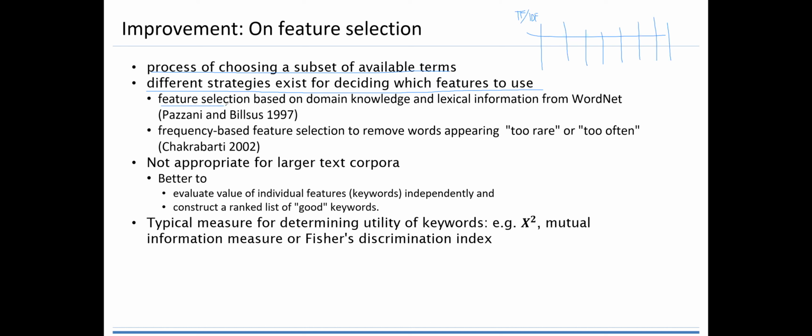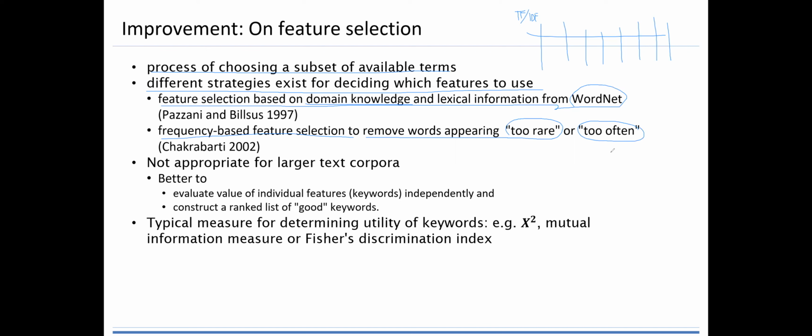In this paper, feature selection is based on domain knowledge and lexical information from WordNet. WordNet is a kind of library, and we want to check whether a word is important or not based on some domain knowledge. Or frequency-based feature selection removes words appearing too rarely or too often.